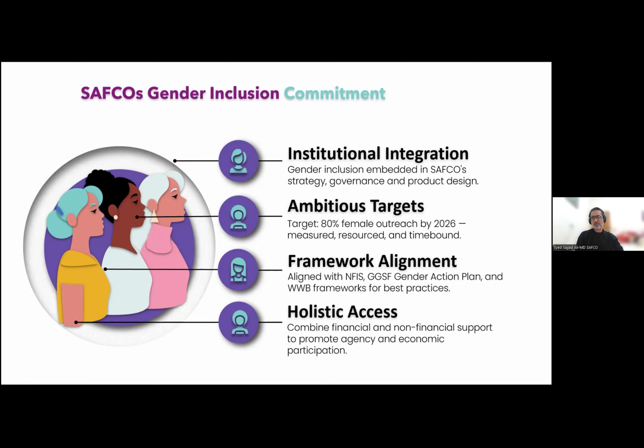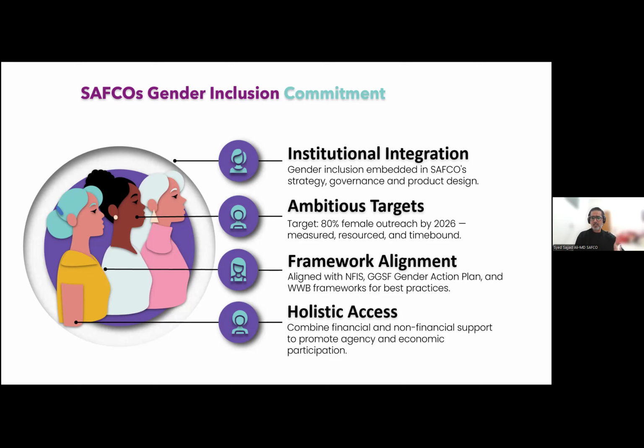We are ambitious with the target. As I mentioned, till now we are at 70% on the women's side, but by June 2026, we want to increase the percentage of women borrowers to more than 80%. Most of the ecosystem and frameworks are aligned with the approach, and we not only have our own institutional framework, but we are trying to link it with the national financial inclusion strategy of Pakistan.